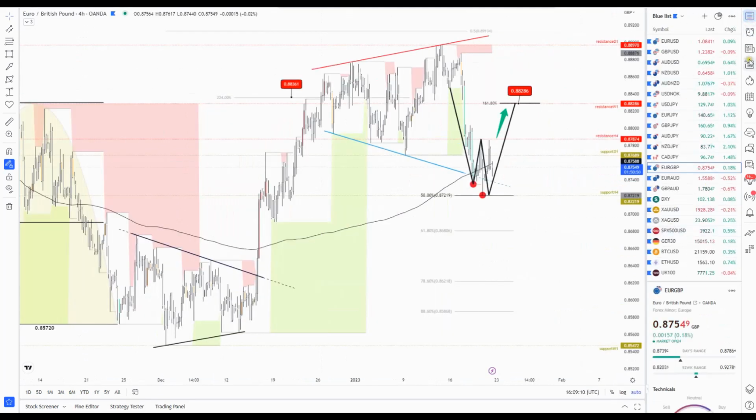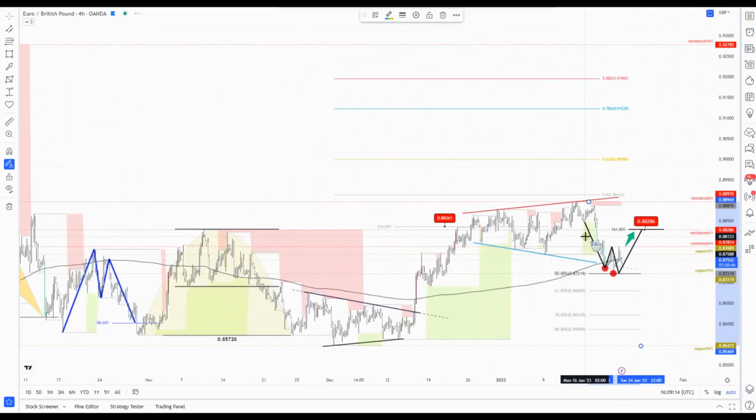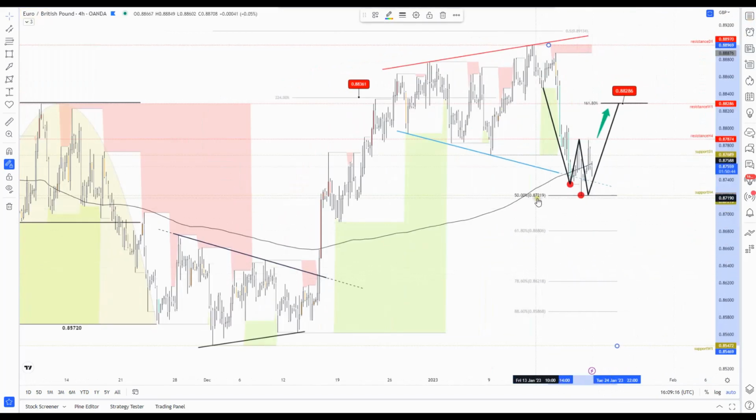Euro versus the pound. We have a nice support at the 50% Fibonacci retracement level, 0.8721. This may work as a potential or eventual false breakout below, but we still need a clear violation of this fractal resistance position at 87.87.